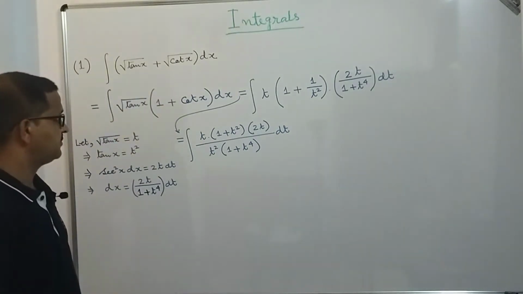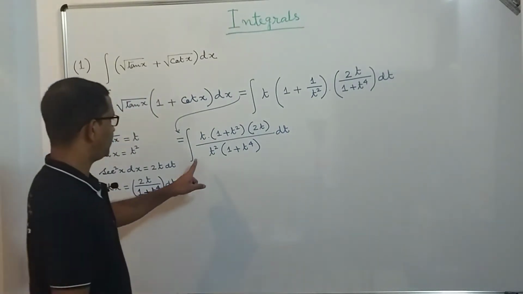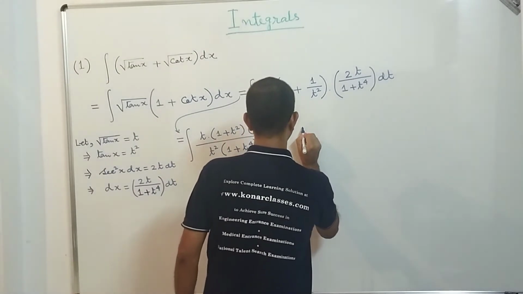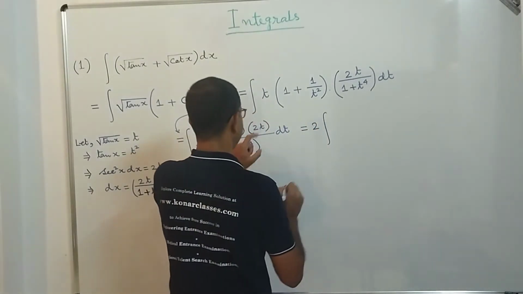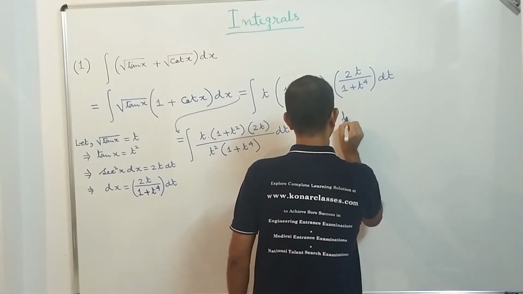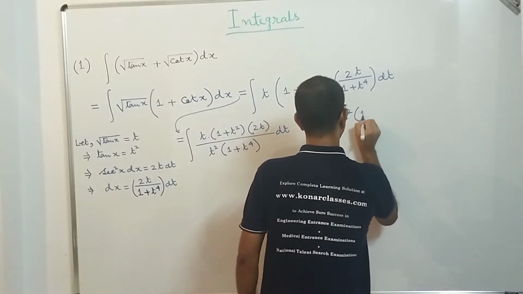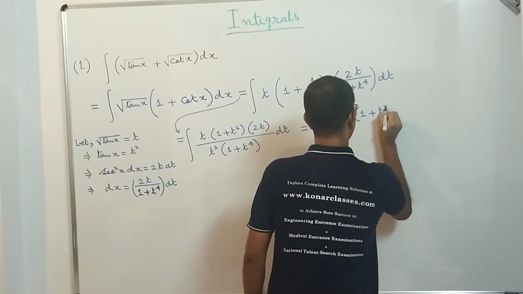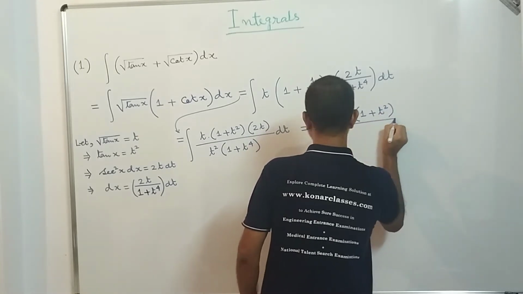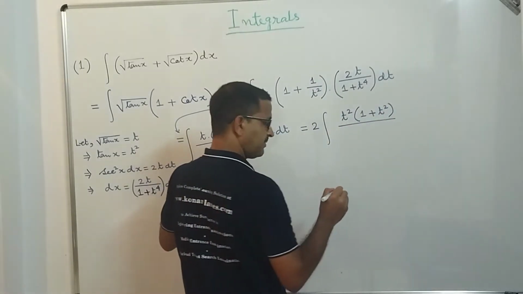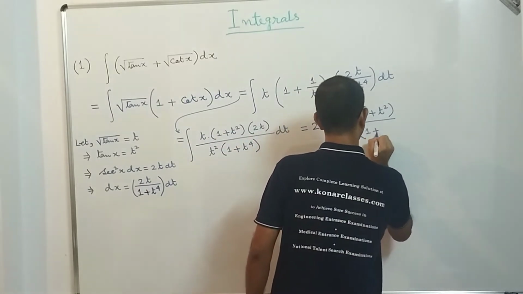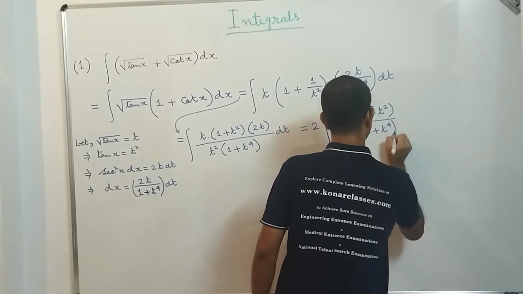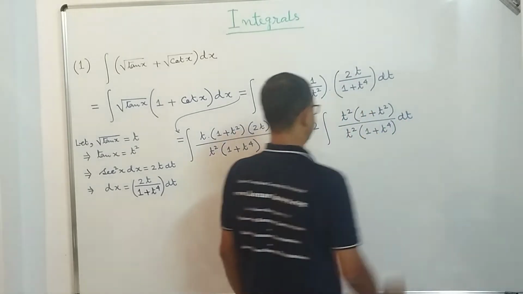Okay, so then what do we get, dear students? So this is equal to 2 into integration t and t become t square into 1 plus t square divided by t square into 1 plus t to the power 4 dt.